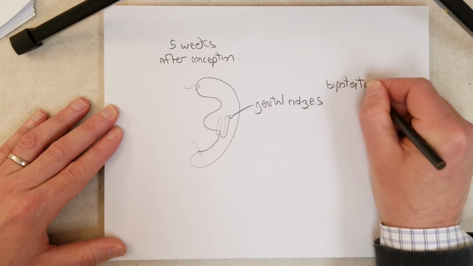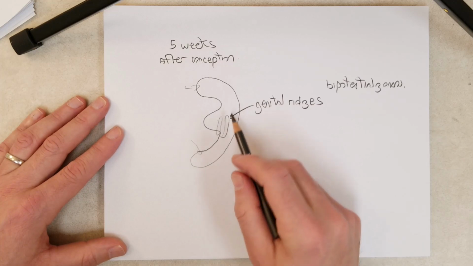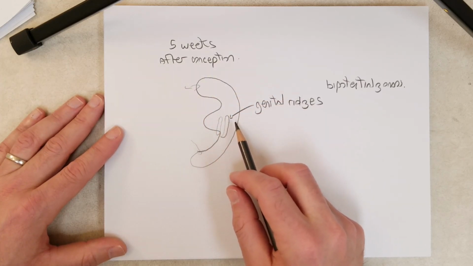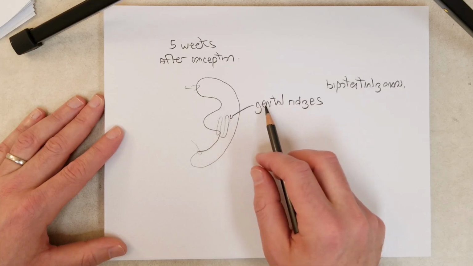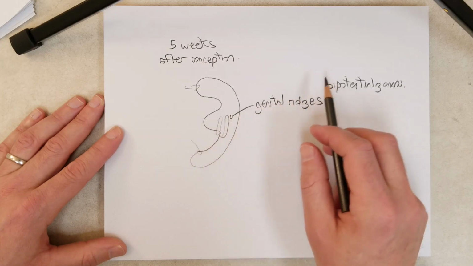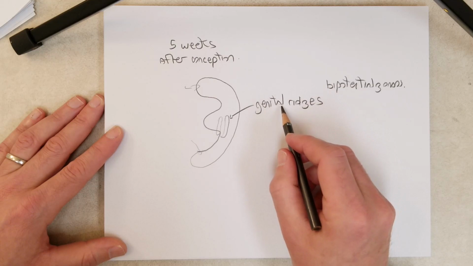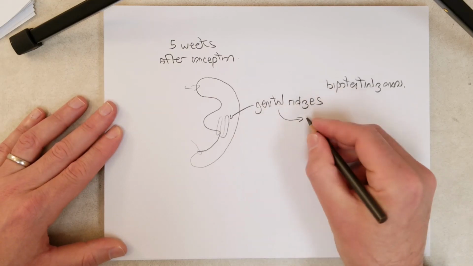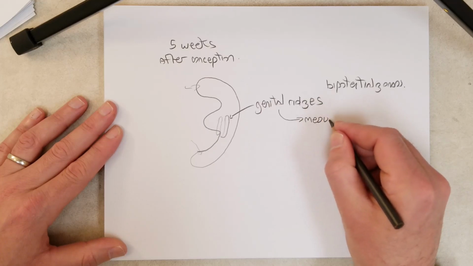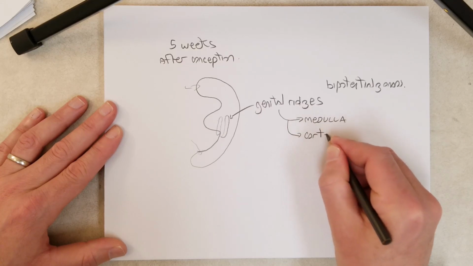Now we can also call these bipotential gonads, because what we think is that at this point, at 5 weeks, this embryo can develop either testes or ovaries. So it can follow the male developmental pattern or the female developmental pattern. And the genital ridges have two types of tissue called the medulla and the cortex.